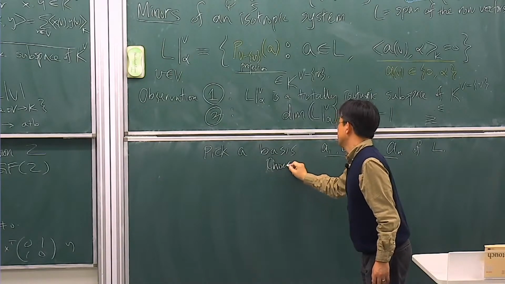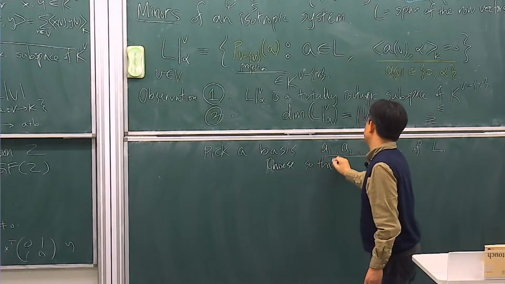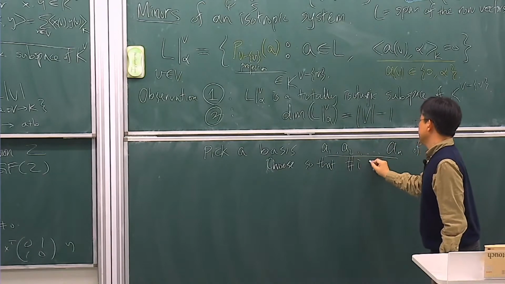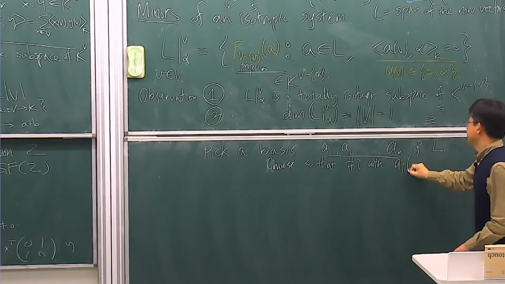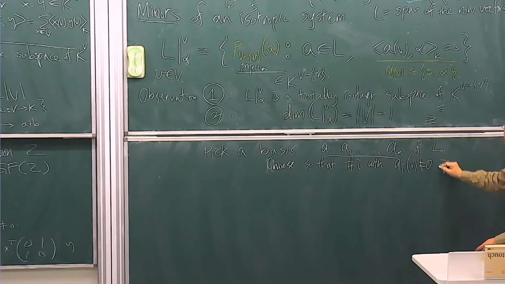Choose so that the number of i with A_i(v) non-zero is minimum.